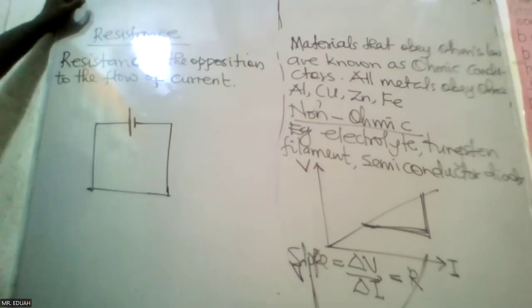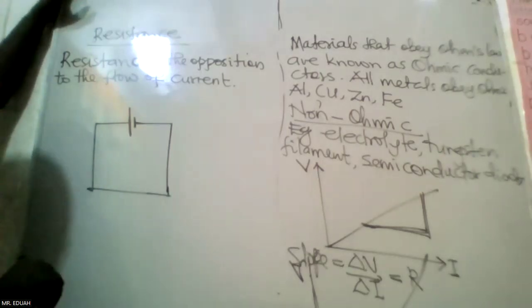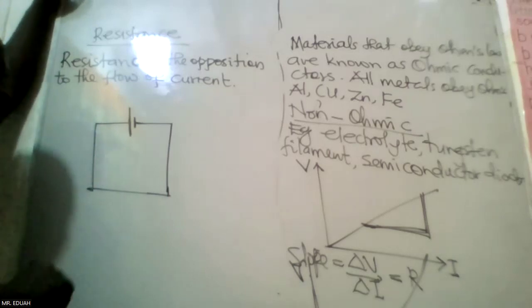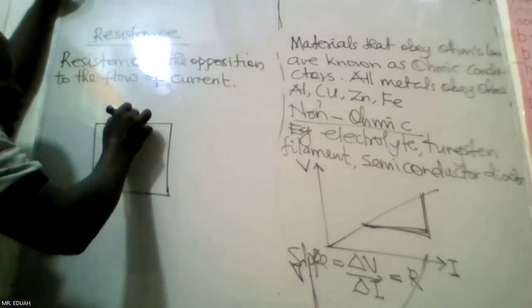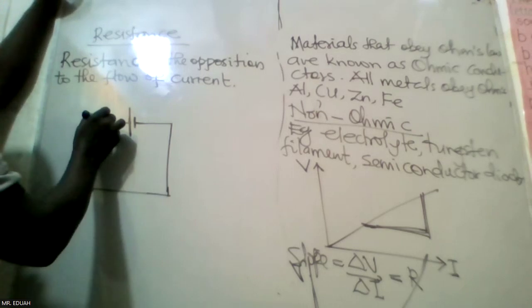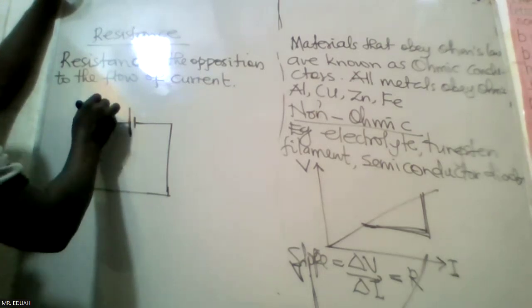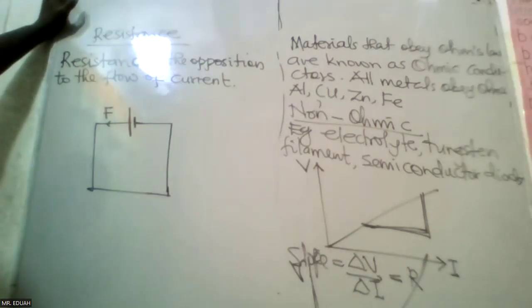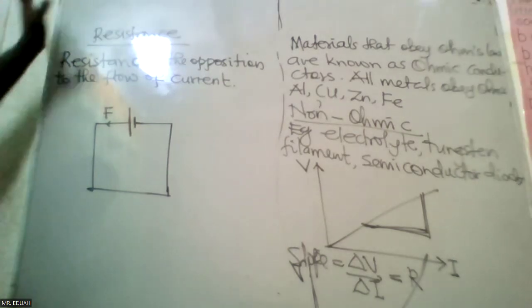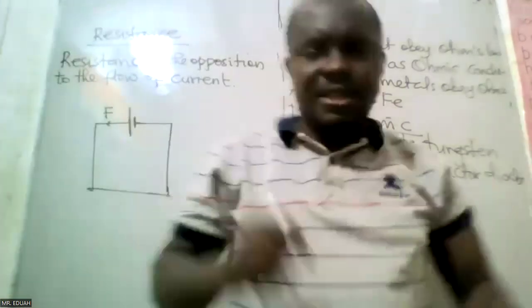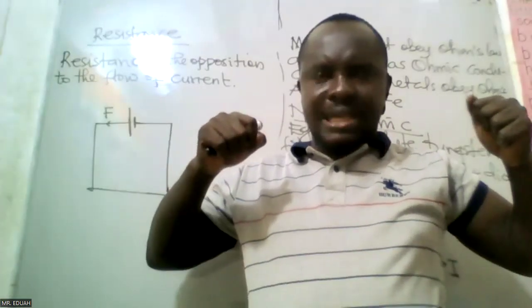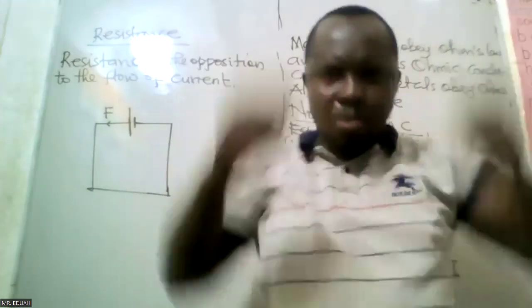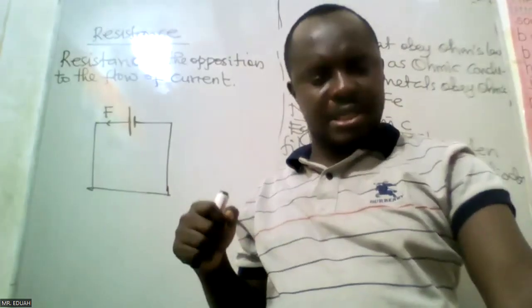The moment you connect a source of EMF, you have introduced an electric field or electric force, F. The electric field would cause the charges to drift, move with a certain velocity.